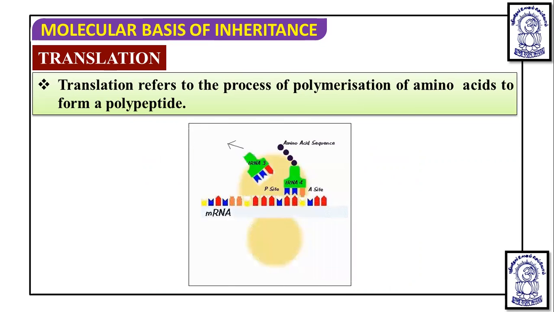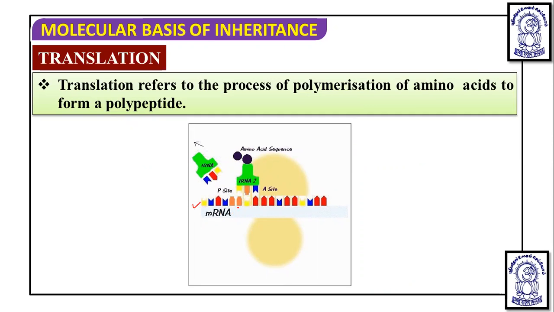You know that the amino acids are added according to the genetic code which is present on mRNA. The sequence of genetic code on the mRNA will define which amino acid will be added in a sequence. So the order and sequence of amino acids are defined by the sequence of bases in the mRNA. As you can see here, this is the mRNA.